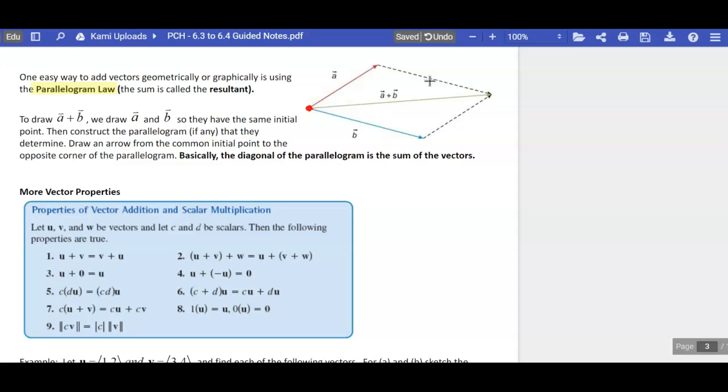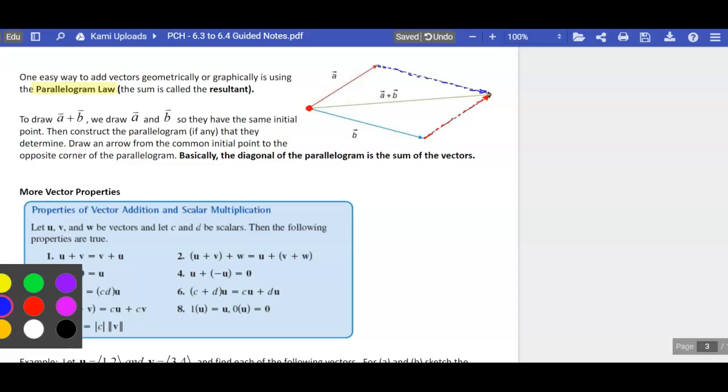Then we use these two vectors that start at this red point as the sides of a parallelogram, and we just complete the parallelogram. So here's the side parallel to vector A, and here's the side parallel to vector B, and I end up with this red and blue parallelogram.